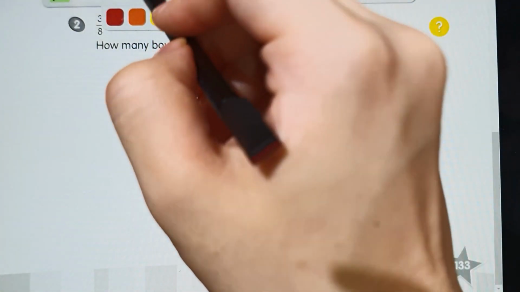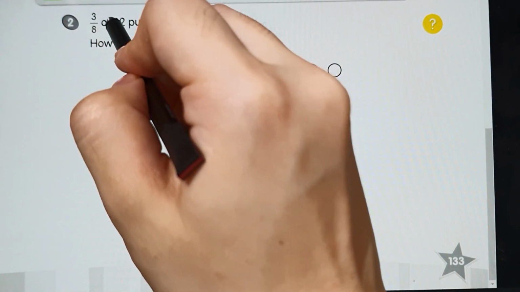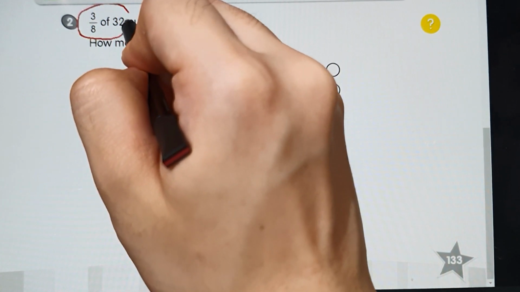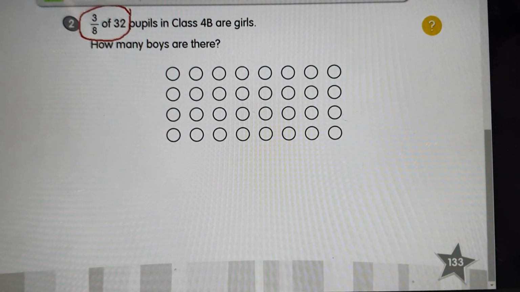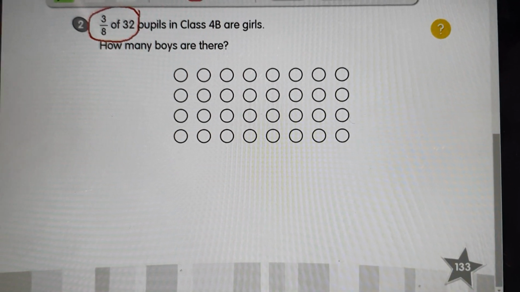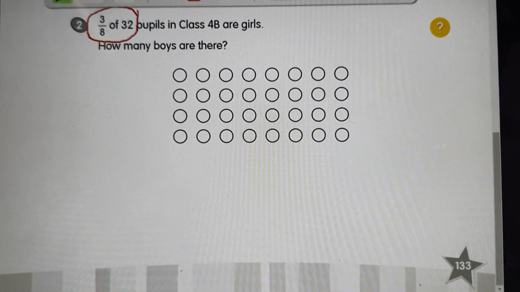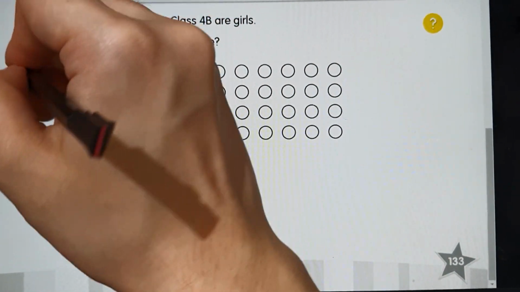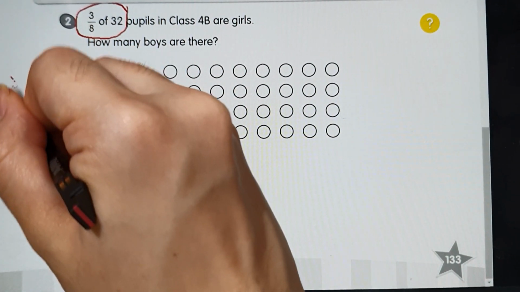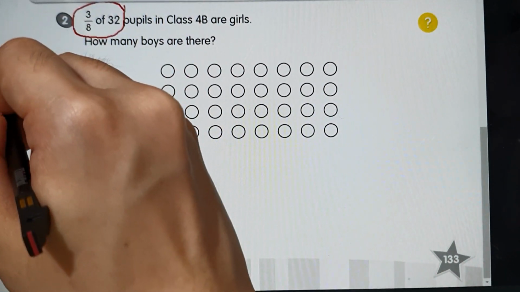So I know that 3 out of 8 of 32 pupils are girls. Okay, if 3 out of 8 of them are girls, what fraction of them are boys? Okay, I know that 5 out of 8 of 32 are boys.